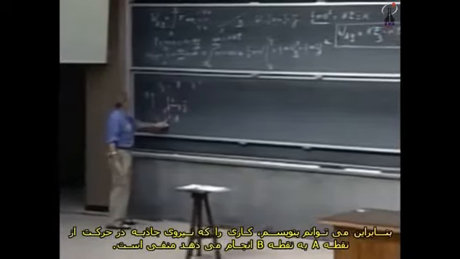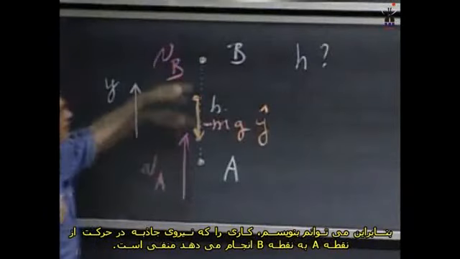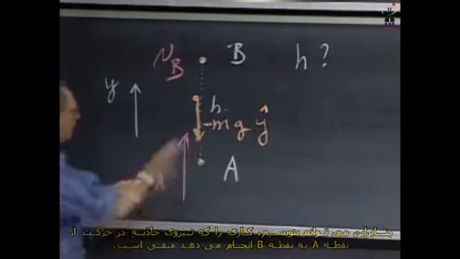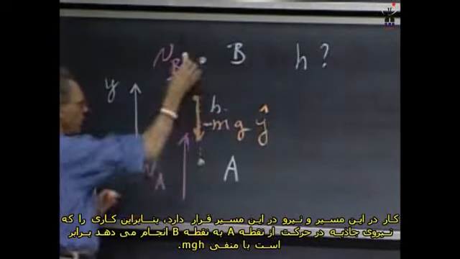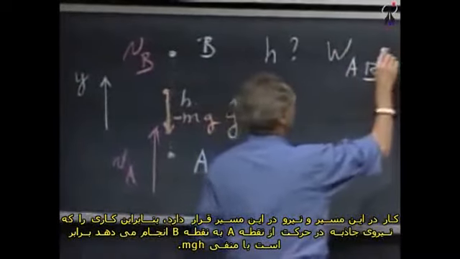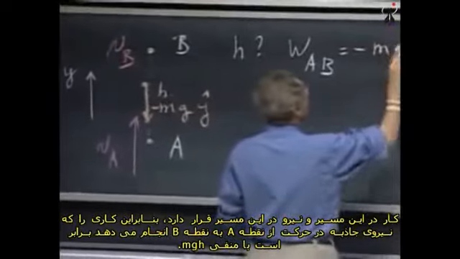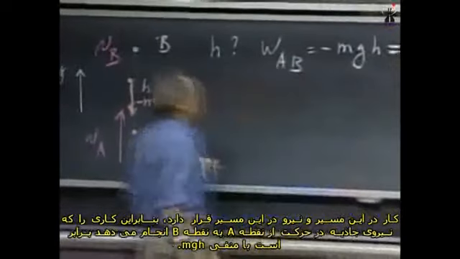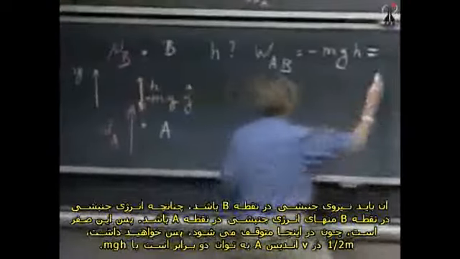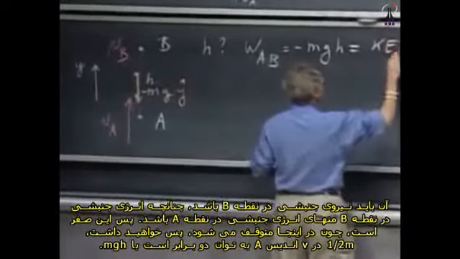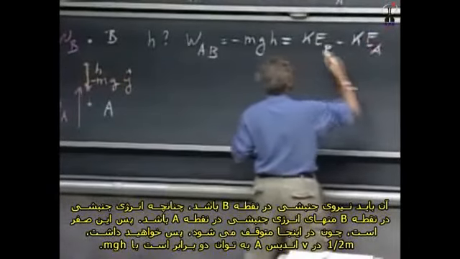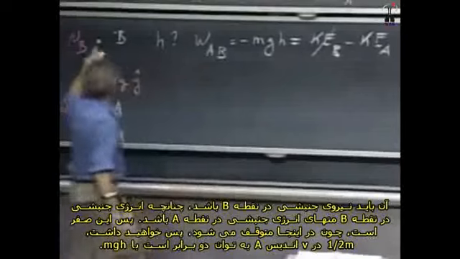So, I can write down that the work that gravity is doing in going from A to B is clearly negative. The force is in this direction and the motion is in this direction. So the work that gravity is doing in going from A to B equals minus mgh. That must be the kinetic energy at point B minus the kinetic energy at point A. This is 0 because it comes to a halt here.